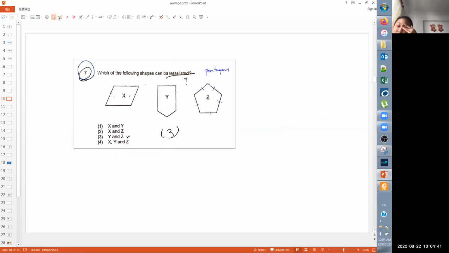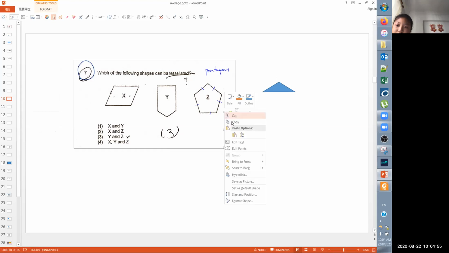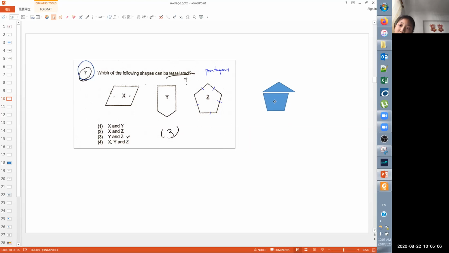Okay, so let me create one shape first, which is this. I'm trying to teach you what is the meaning of tessellation. It's tessellated. Let me group this together.